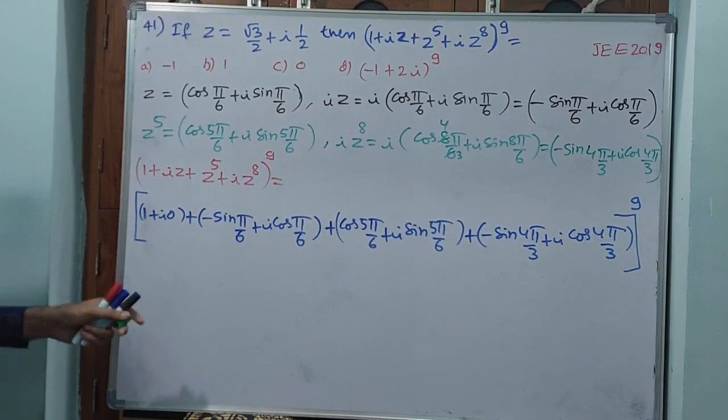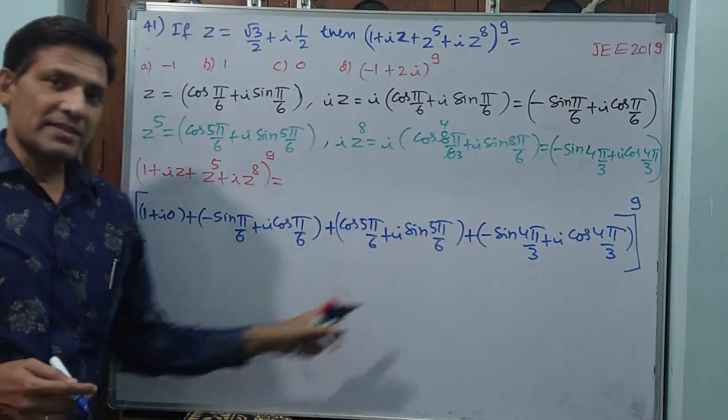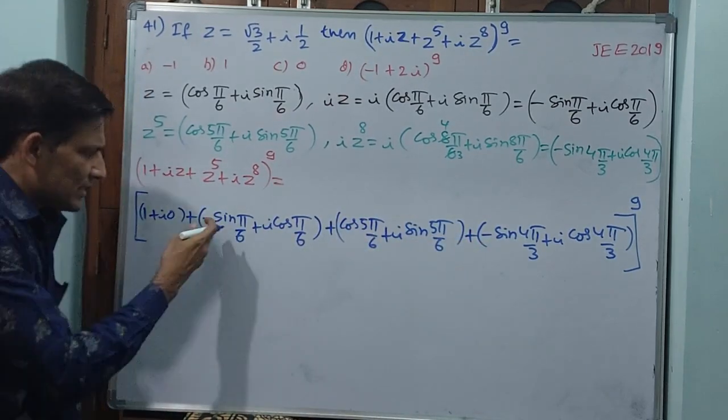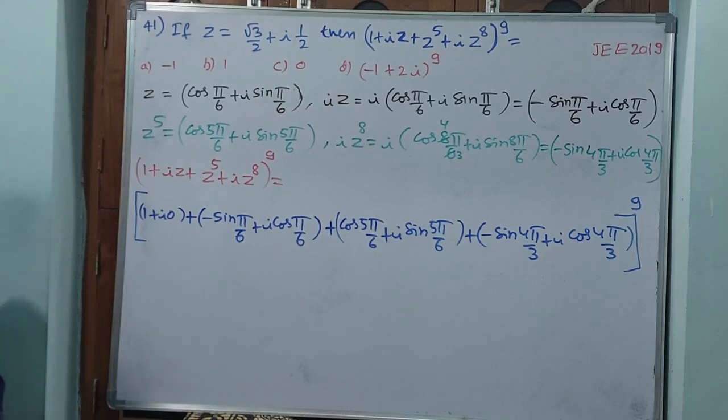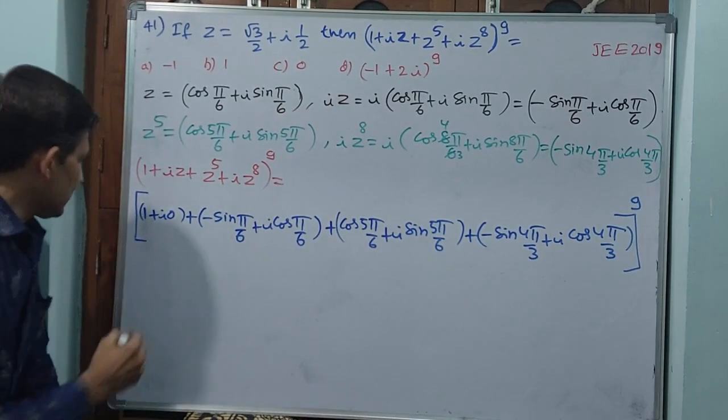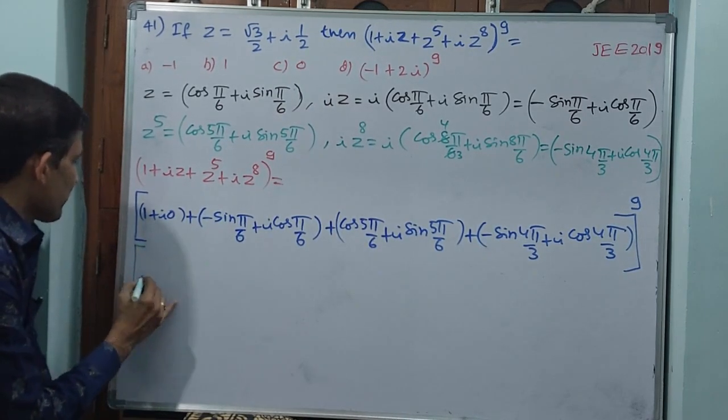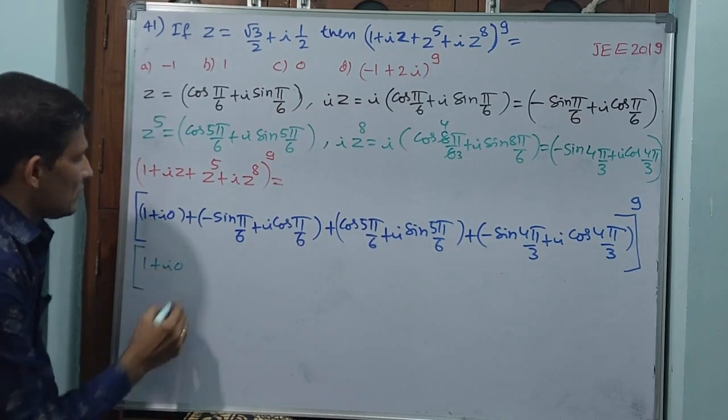Proceed further then. You have to add real parts and imaginary parts. Before that, convert into angles. These values: 1 plus i0.